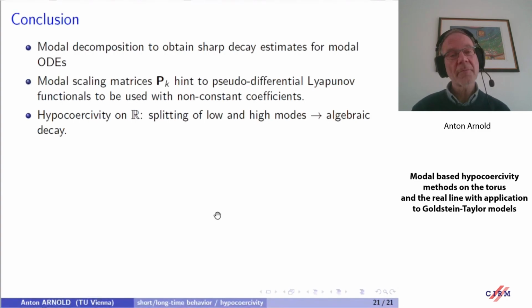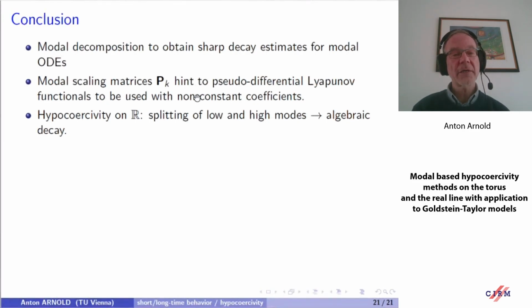So let me conclude. In my talk, I've started with modal ODEs, and I've shown you how we can derive sharp exponential decay rates. And then I have applied that to a simple PDE model.